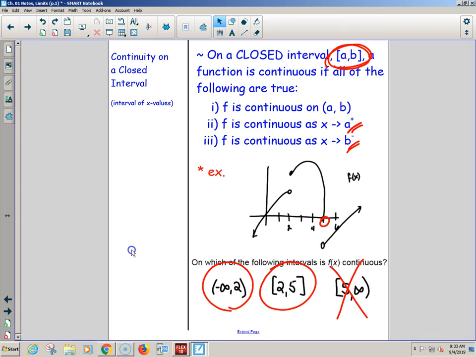Question, Kathleen. So, one of your examples, you have to make sure that the bracket or the parentheses match the hole. The limit coming from the proper direction as indicated by the interval has to match up with the point when there's a bracket.